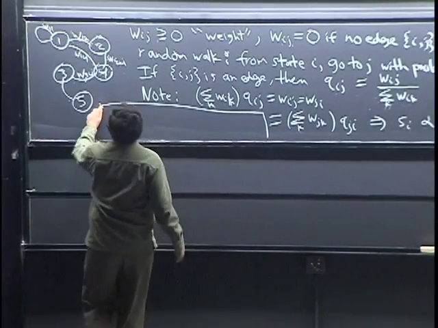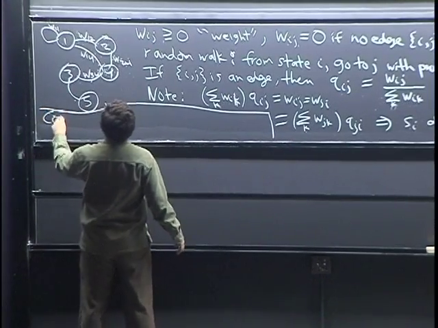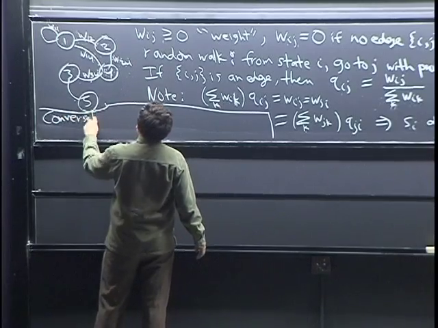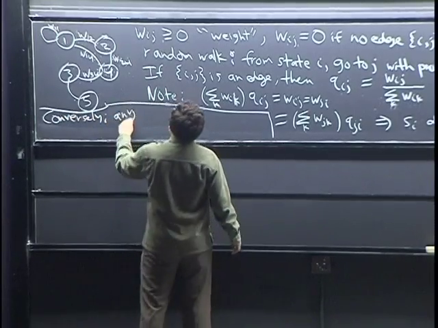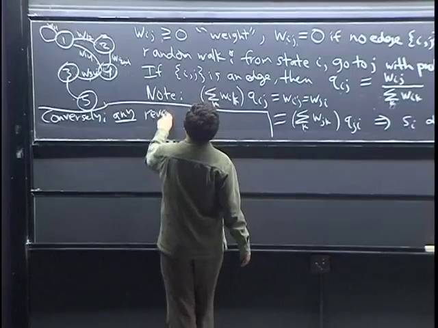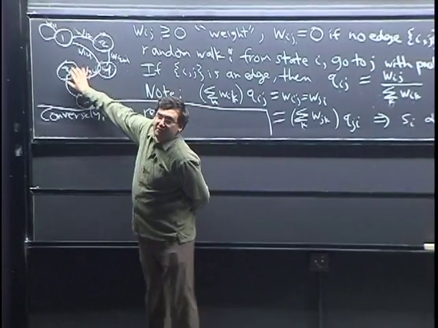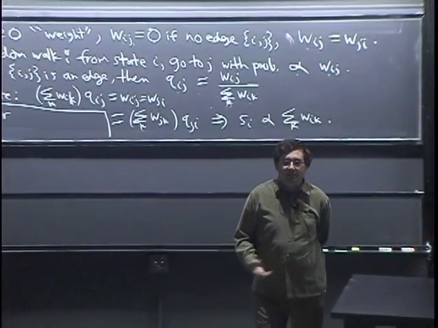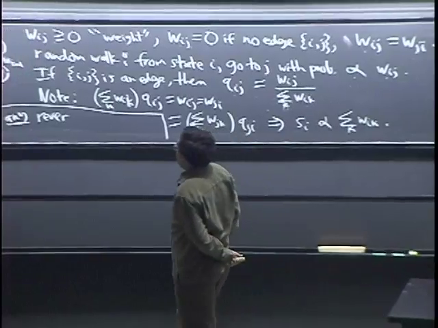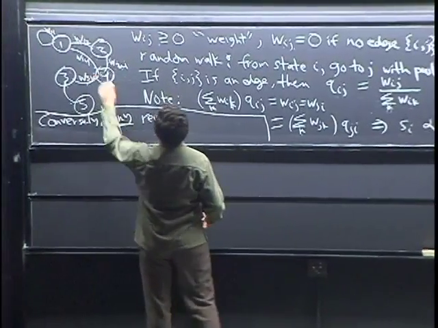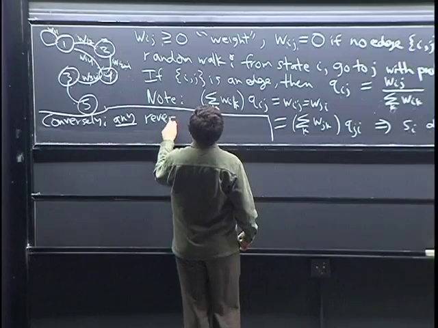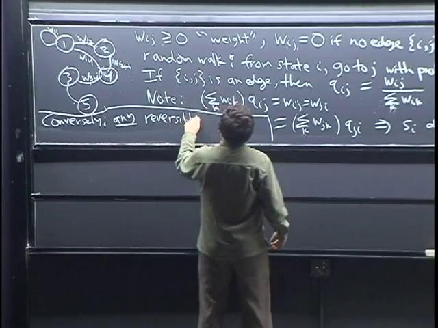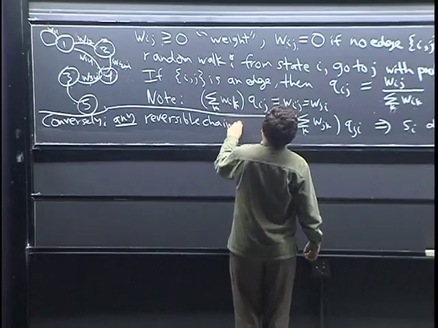So just to quickly see why that's true. Any reversible chain can be thought of this way. It may not be obvious to figure out how to come up with the Wij's and stuff like that, but at least in principle, it can be written this way. Any reversible chain is of this form.